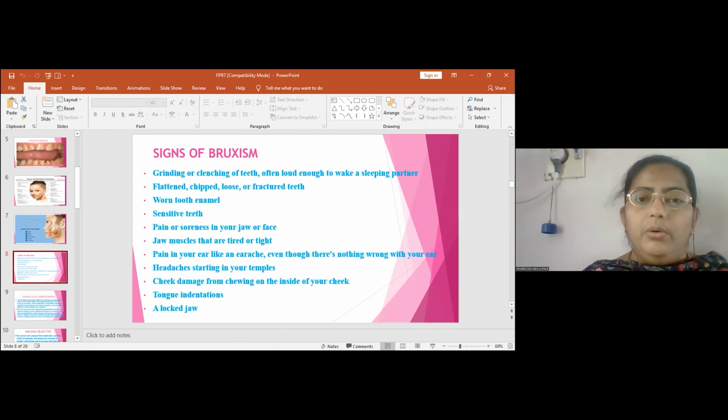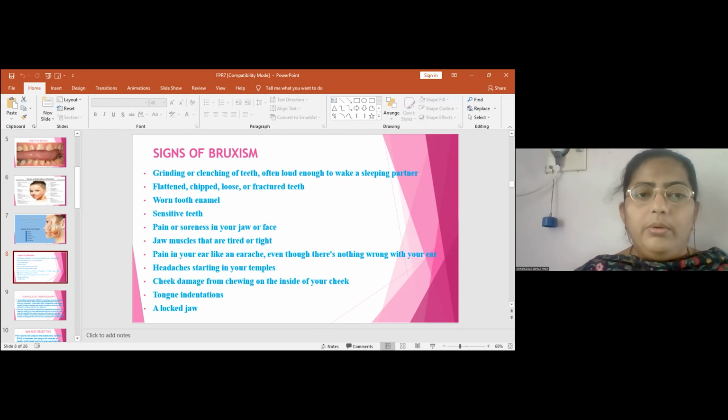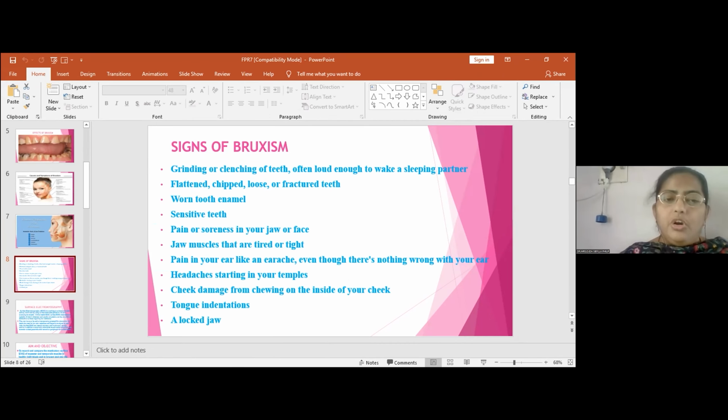Signs include flattened, chipped, loose or fractured teeth, worn-out tooth enamel, sensitive teeth, pain or soreness in your jaw or face, jaw muscles that are too tired or tight, and pain in your ear like an earache, even though there's nothing wrong with your ear, because the patient has been grinding the teeth all night long in nocturnal bruxism or all day long in diurnal bruxism. So the patient has been grinding the teeth continuously.